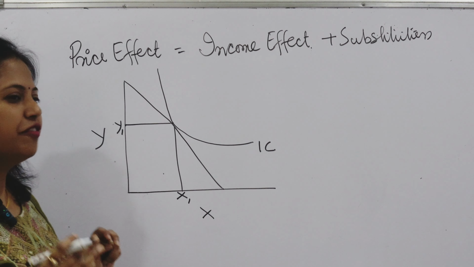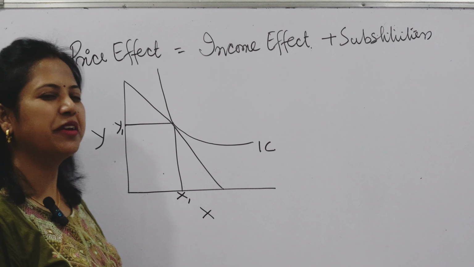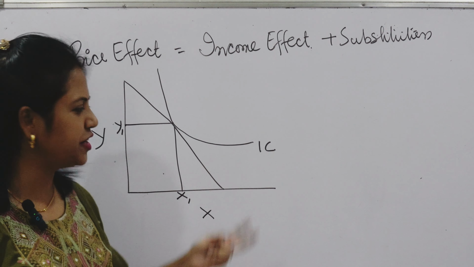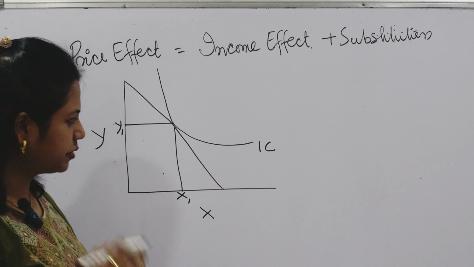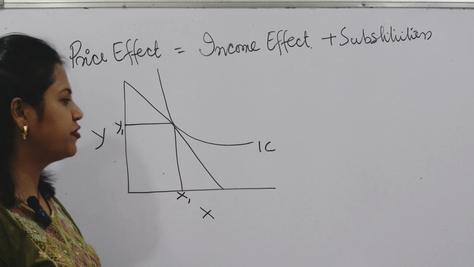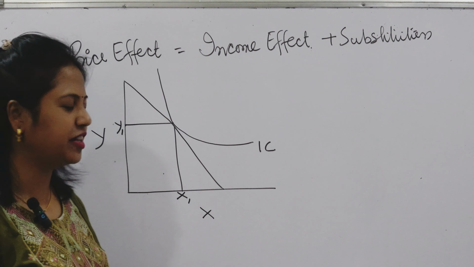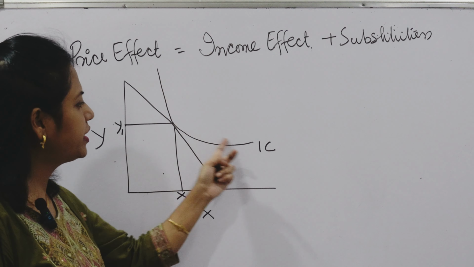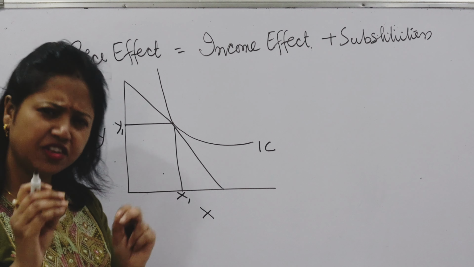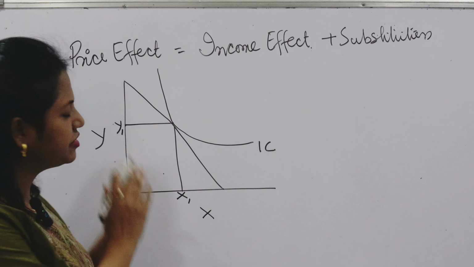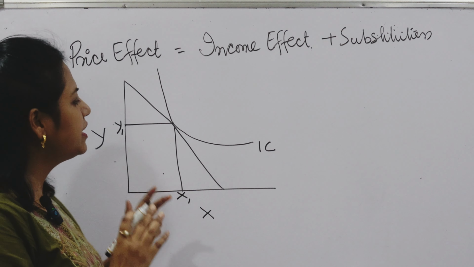I know that you will find it quite amazing. What is this IC or indifference curve? I would recommend you to go through one of my previous videos. The link will be there in the description box to know what an indifference curve is. But even then, for your understanding and comfort, let me explain.